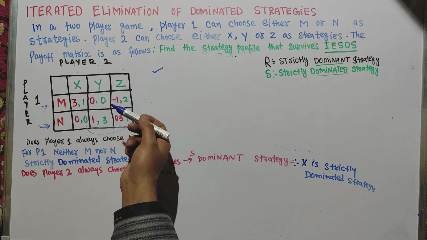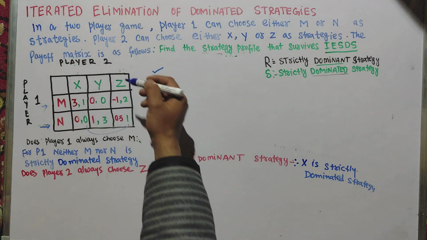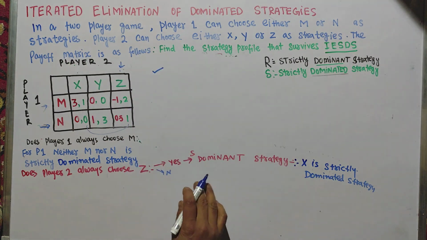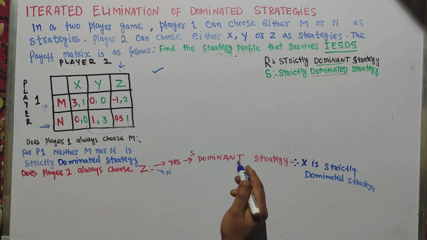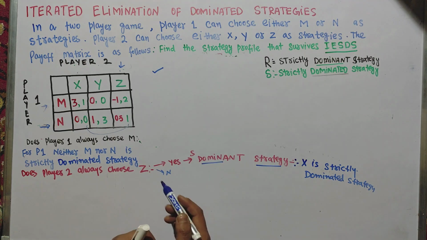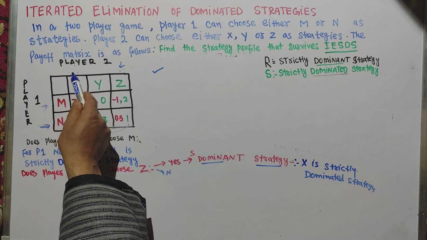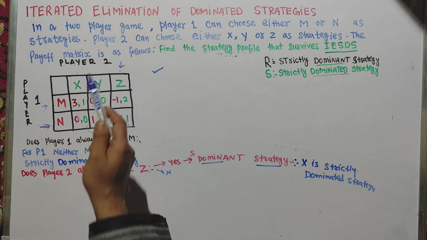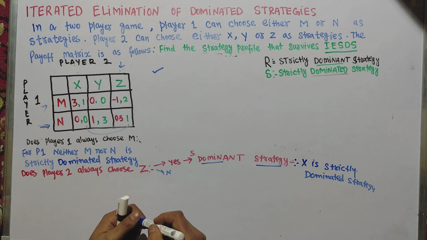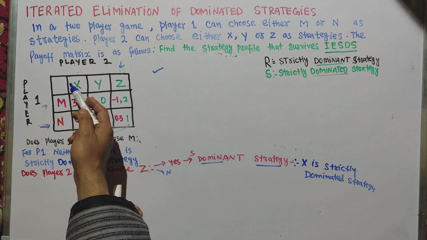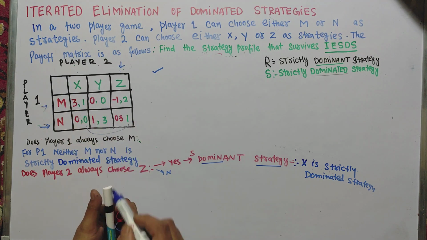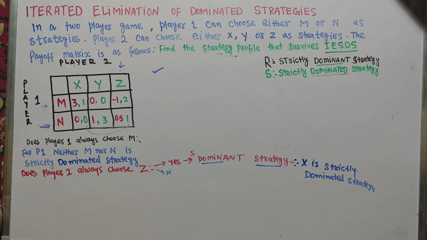So in this case, we can say that Z is a strictly dominant strategy, or we say that X is dominated by Z, or in other words, X is a strictly dominated strategy.